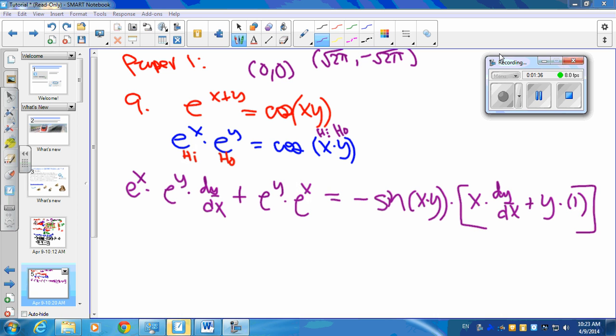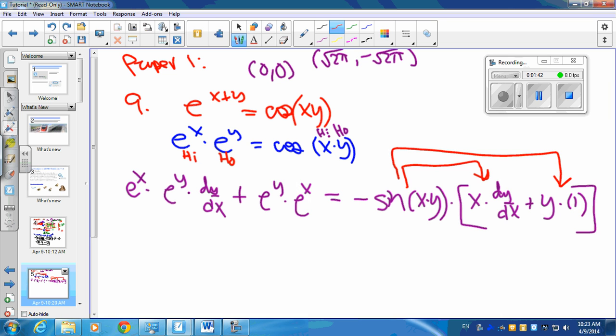And the reason that's important is because you're going to multiply these out to get two separate terms. Wouldn't it be tempting to say this is just negative sine y, or maybe x dy dx, or something silly like that? You've got to do the whole hidey-ho with that.